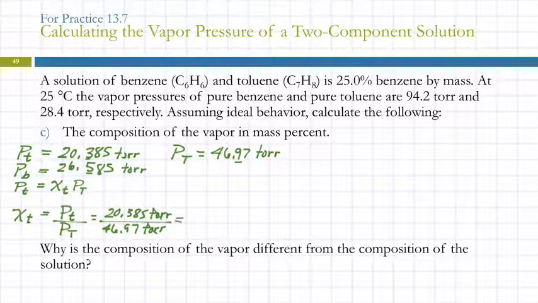Torrs cancel out. 20.385 divided by 46.97. Mole fraction is 0.434. Those guys had 3 sig figs. That's the mole fraction.